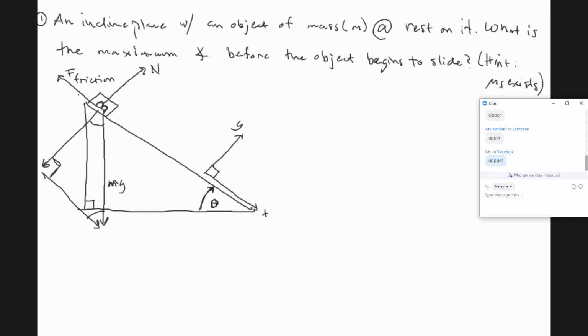I'll go with the first person that answered upper. Aditya, why upper? Please explain. Feel free to talk. Why did you say it was the upper angle instead of the lower one?